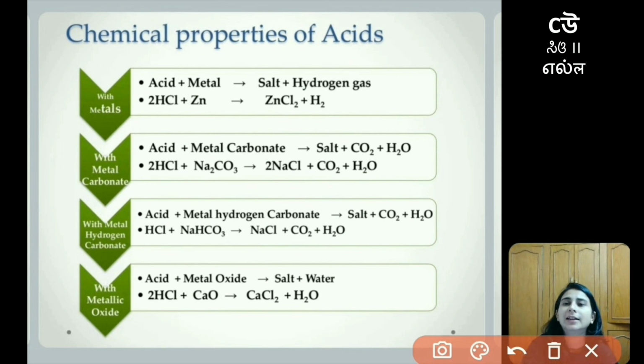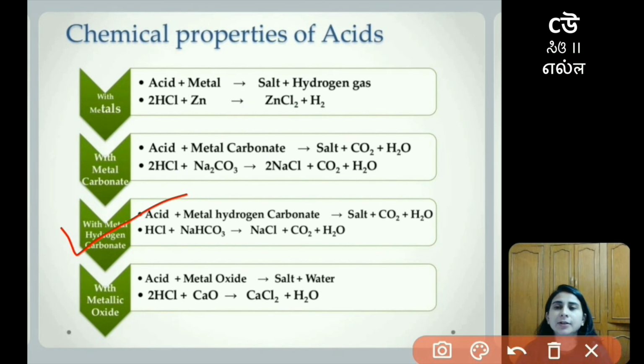Moving on, let's see what type of product would be there when an acid combines with metal hydrogen carbonate. The product is going to be a salt, carbon dioxide gas and water.